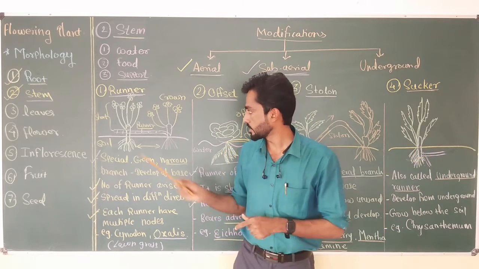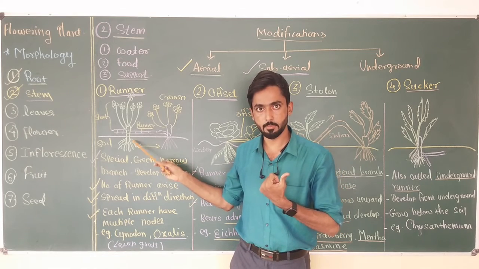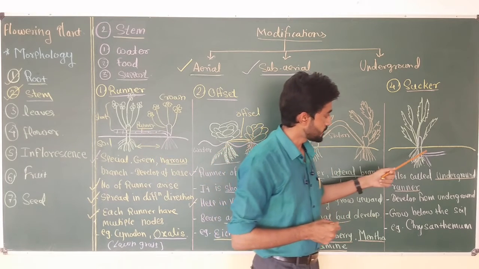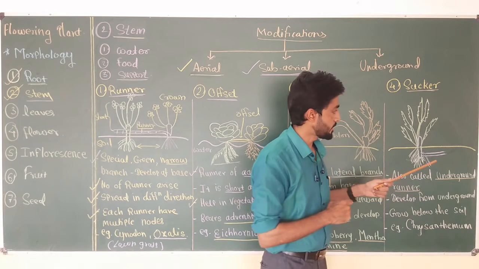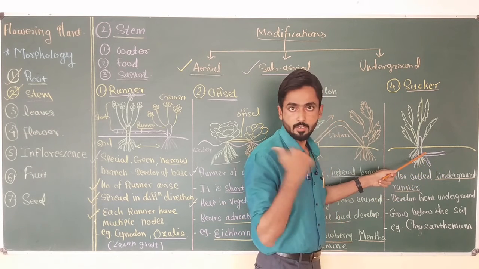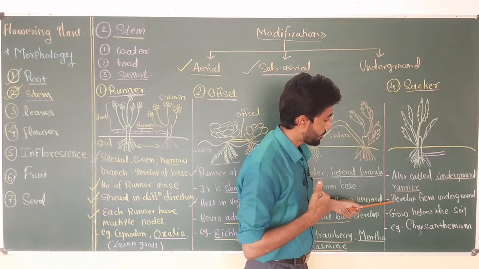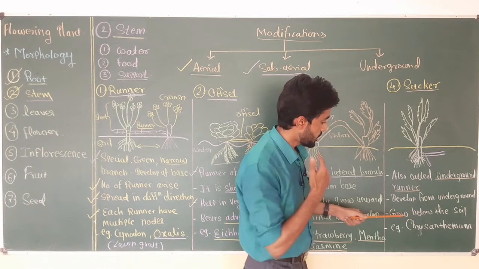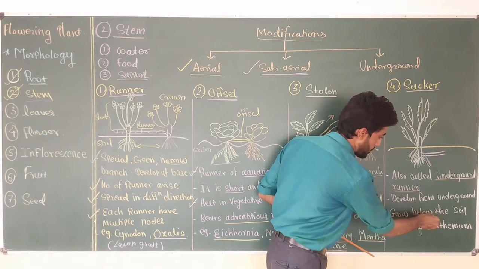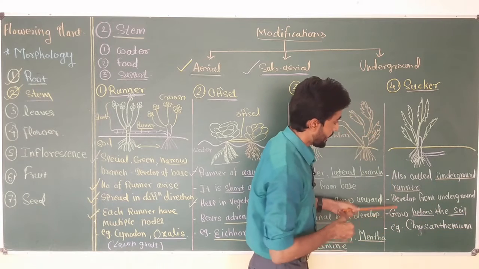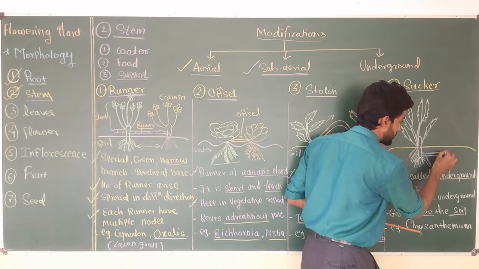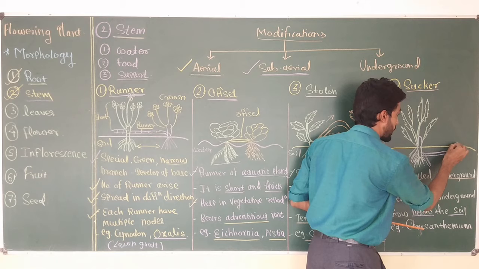The runner also grows horizontally but above the ground, and in this case the branch grows below the ground, so it is called an underground runner. And after some time this branch obliquely comes out of the soil.